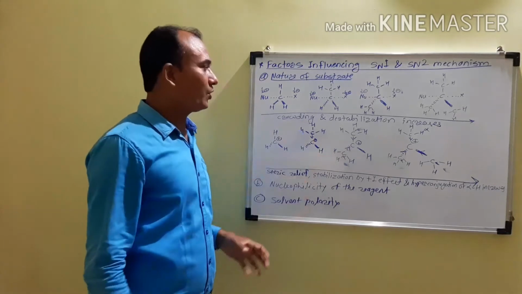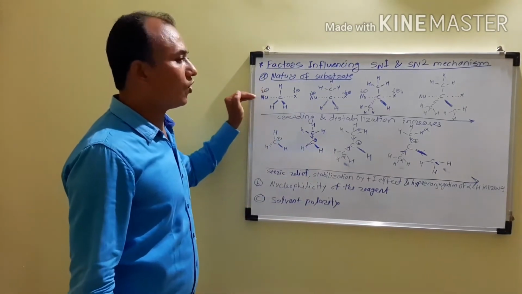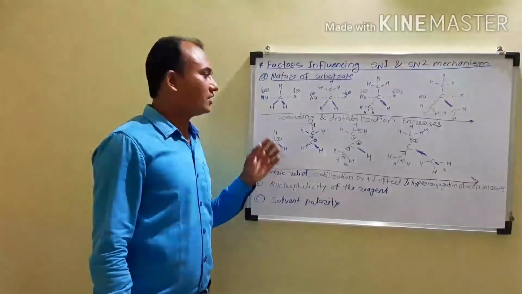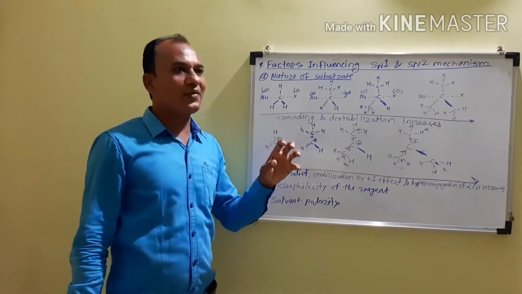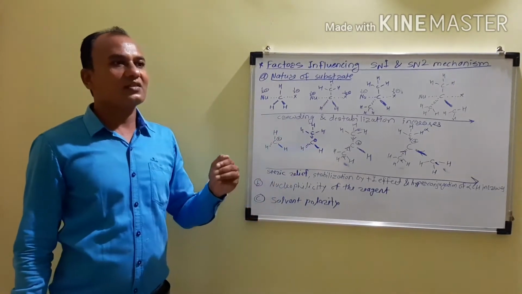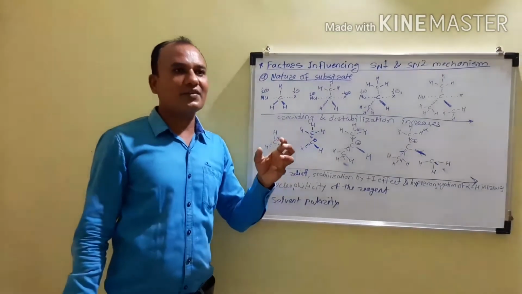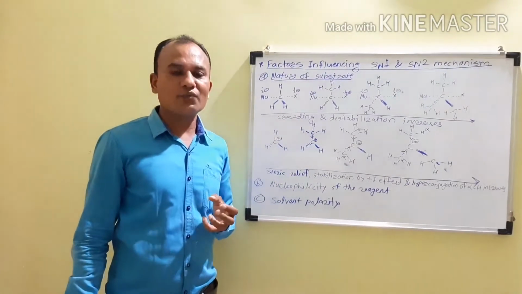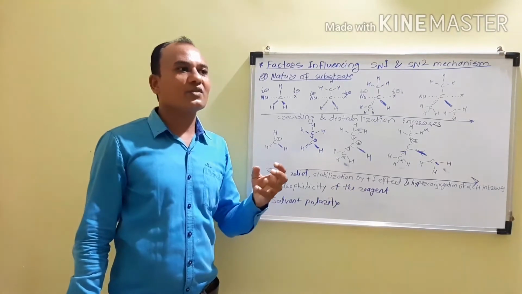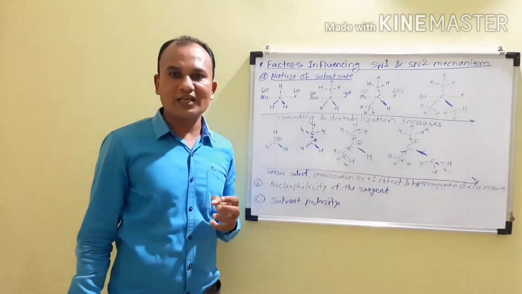And as the crowding increases, the attack of the nucleophile becomes less favored. Generally the substrates which undergo the SN2 mechanism are those having less crowding. Which substrates have less crowding? Generally these are the primary alkyl halides.